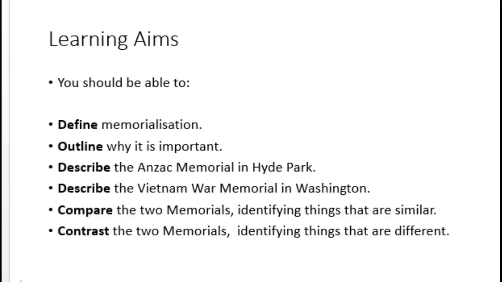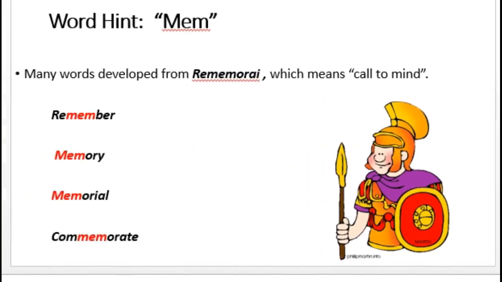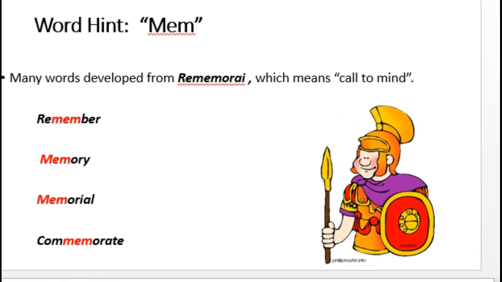Now, first thing we should do is I want you to understand the meaning and the origin of the word memorial. In it, it has this M-E-M. That means that it comes from a Roman word called memore, which meant call to mind.